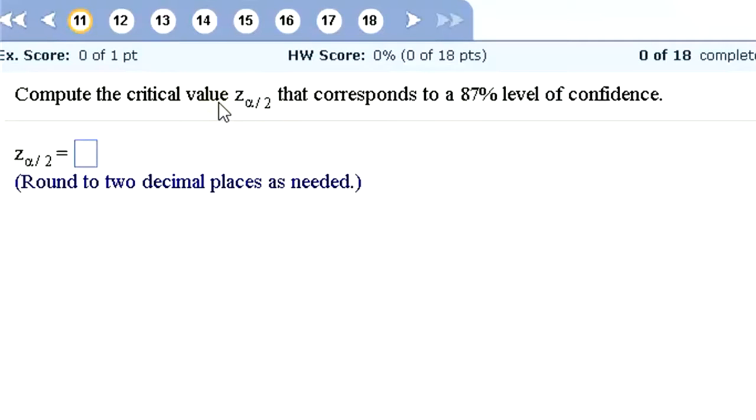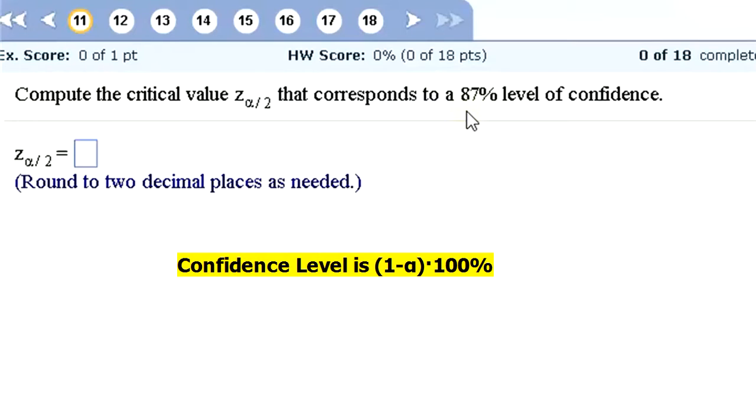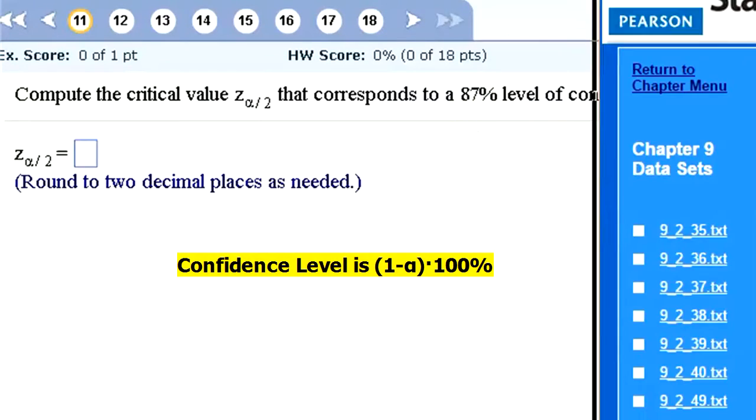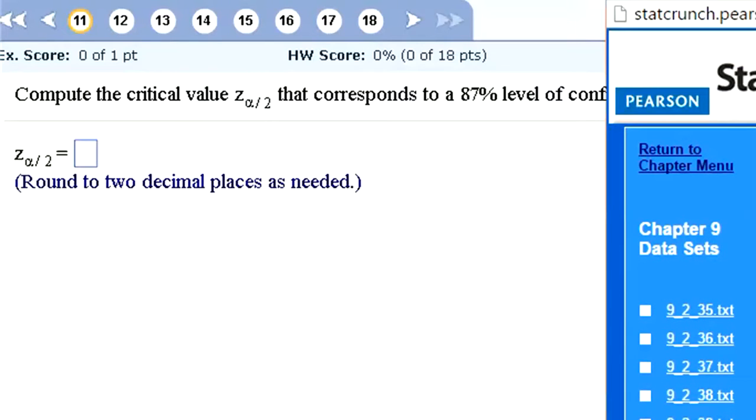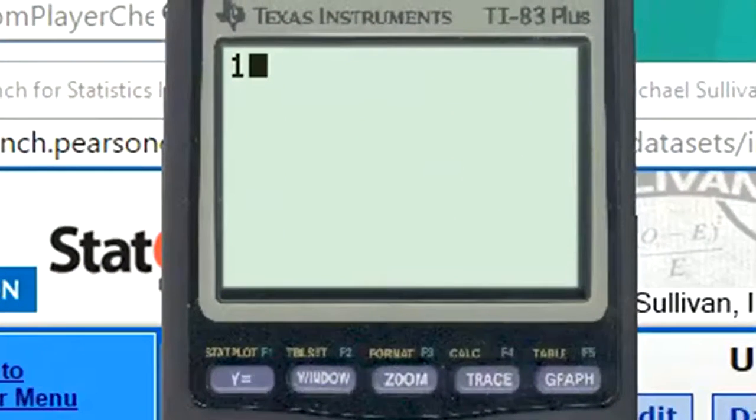When you're asked for a critical z-value, this notation z alpha over 2 is just notation. Alpha represents the complementary probability. So for this 87% confidence interval, the complementary amount of probability is 1 minus 0.87, so alpha corresponds to 0.13.